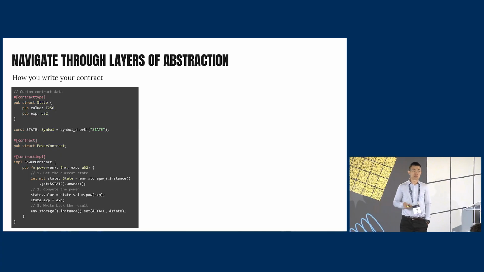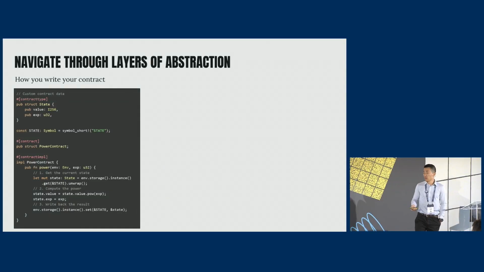This is something that usually a contract developer is mostly familiar with, written in a high-level language like Rust. Here it's a very simple, straightforward contract that creates some custom data, has a single function here called power that reads the state from the data, tries to do some non-trivial computation, and writes it back to the state.